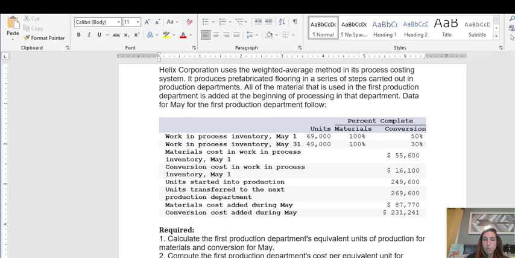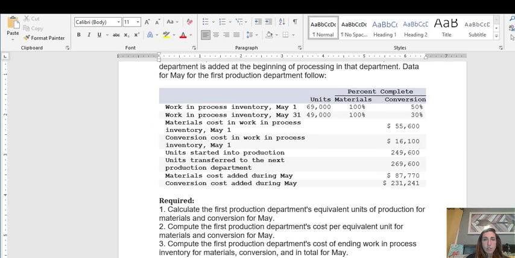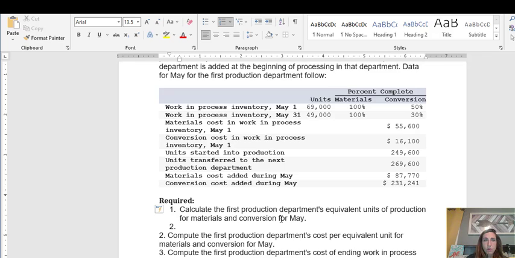So first off, when it asks you to calculate equivalent units of production, it is asking for equivalent units, please note, for 2 different values, one for materials and one for conversion. When we're calculating the equivalent units for materials, we want to always look at the ending percentages.